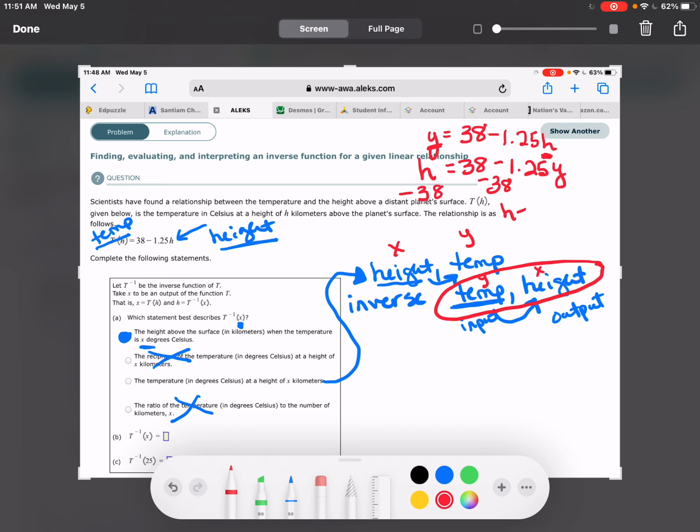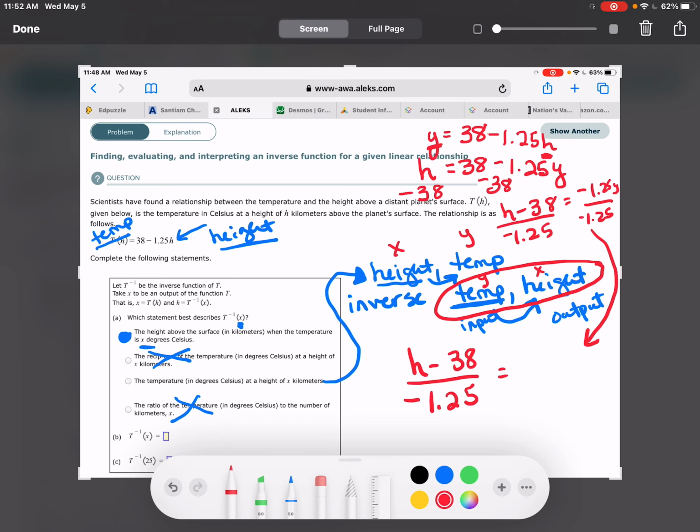So I have x minus 38 equals a negative 1.25 y, and then divide by negative 1.25. So I have x minus 38 divided by a negative 1.25 equals y. That's my inverse function. So I can clean this up and write it like this.